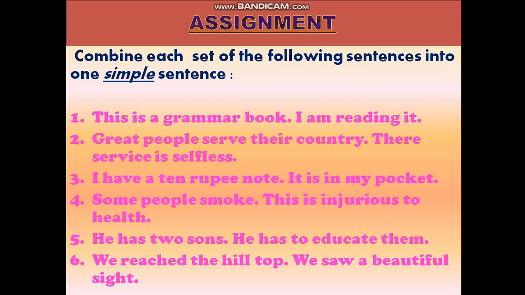I have given 6 sets of sentences here, and you have to use the methods taught by me to combine these sentences. These sentences will be combined by using different methods. You can use any of them that suits the set of sentences.